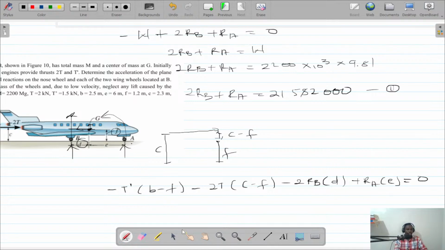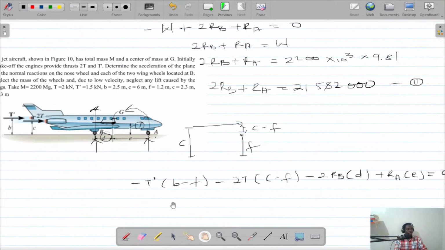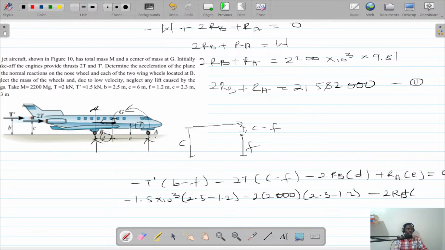So if we are making our substitution, T prime is 1.5. So you have minus 1.5 times 10 power 3 into bracket B is 2.5 minus F is 1.2 minus 2T is 2000 multiplying C 2.3 minus 1.2 minus 2RB, then D is 3, I think.